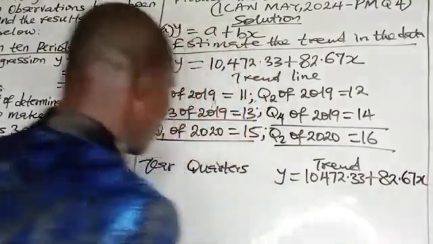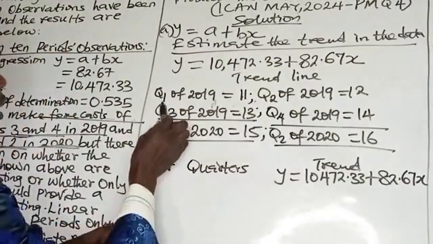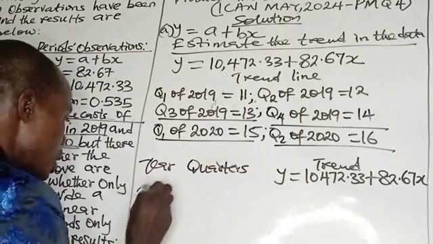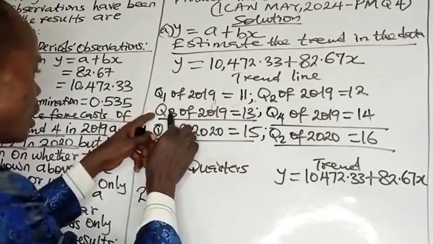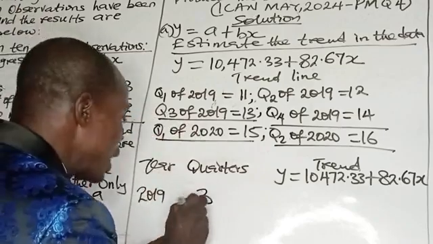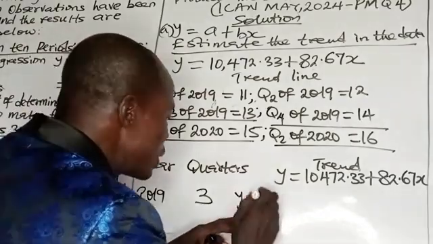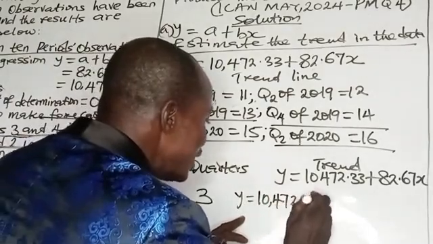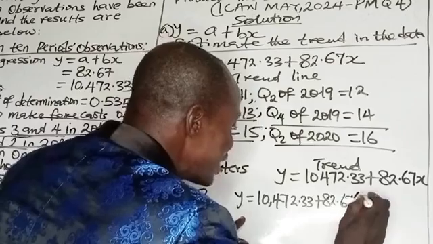For the year 2019, we have to estimate sales for the 3rd quarter. So the trend is Y equals 10,472.33 plus 82.67 times x.